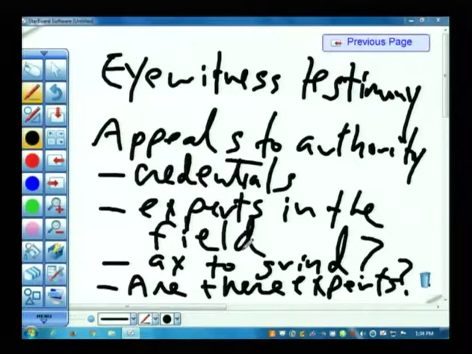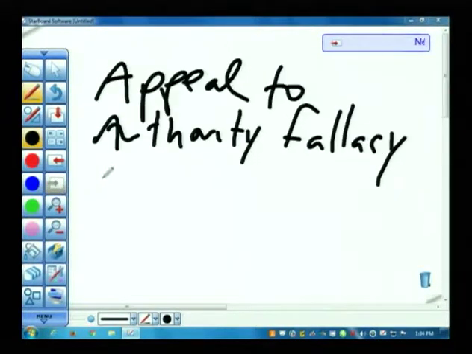Appealing to an authority who isn't really an authority in the field, who's an authority in something else but not in this particular field, or appealing to someone that you know has fake or questionable credentials. In all those cases, if you do the opposite of these things, you're committing the appeal to authority fallacy. So not all appeals to authority are fallacious. Expert testimony and various authorities are important parts of evidence for arguments. It's just that you have to be careful about which authorities you're appealing to.